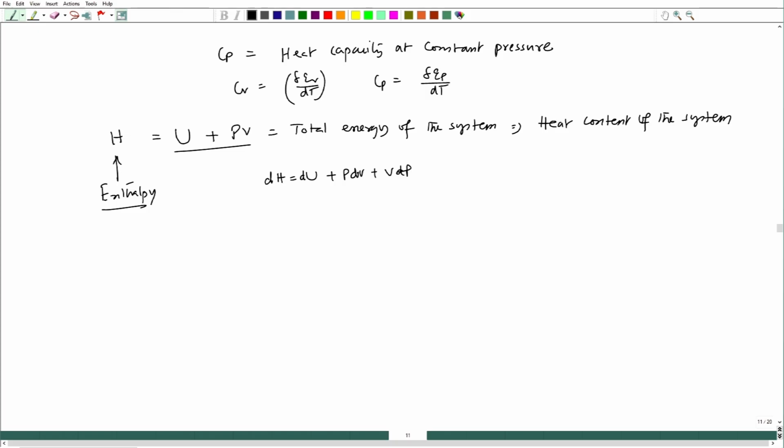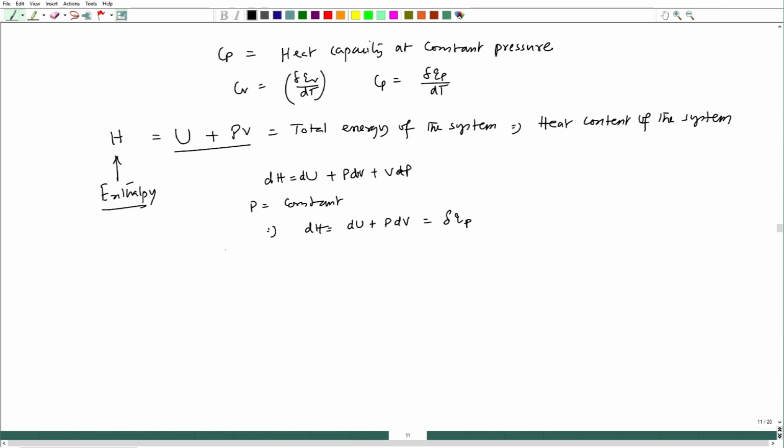So, everything becomes a state function equation. Now I can write that if P is constant, del H equal to del U plus P dV. So, this becomes P, because it is a constant pressure.